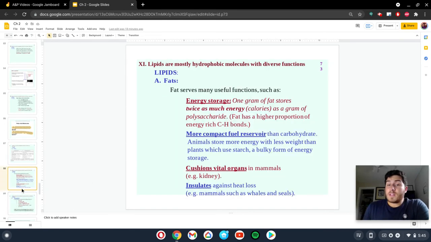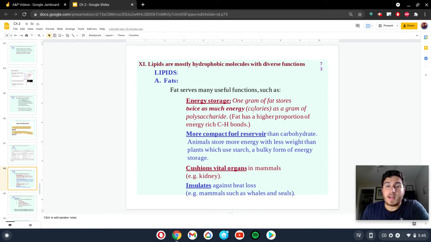So fats, as many of you know, is an energy source, and it's a very efficient one. So with that said, 1 gram of fat stores actually more than twice as much energy than that of a sugar. So in other words, if I had 1 gram of a sugar and 1 gram of a fat, a gram of fat will burn over twice as much calories as that of the sugar, even though they're the same weight, the same mass.